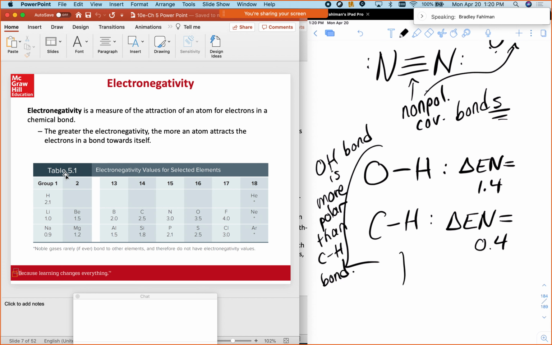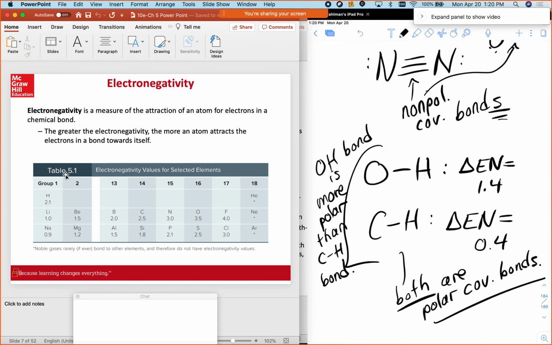They are both polar covalent, but you can talk about which one is stronger than the other. And that just comes from how different the electronegativities are in that bond.